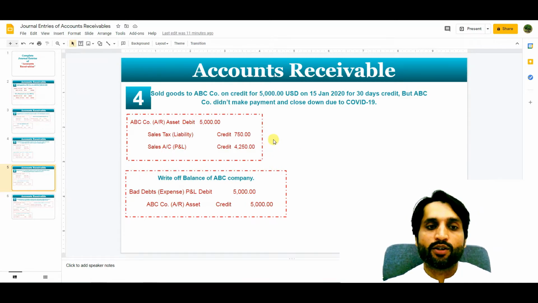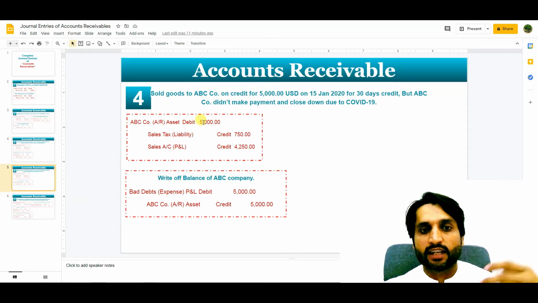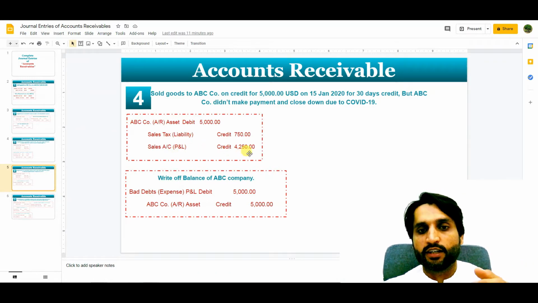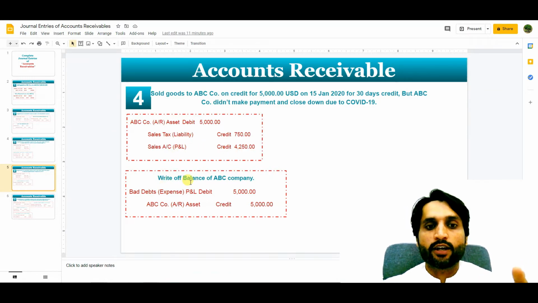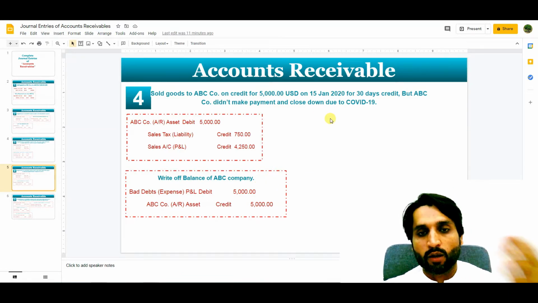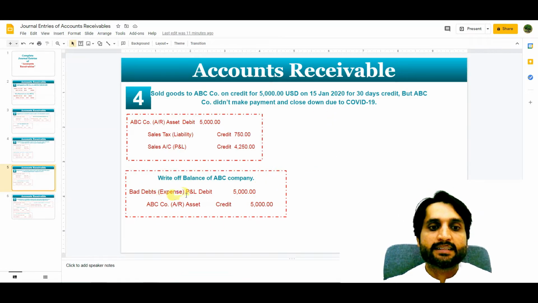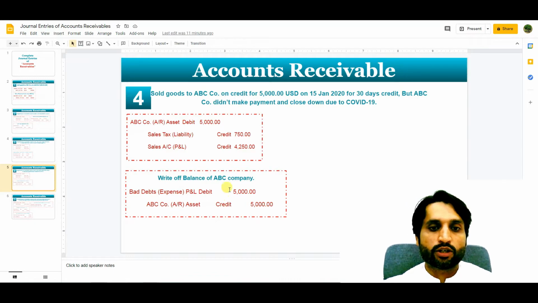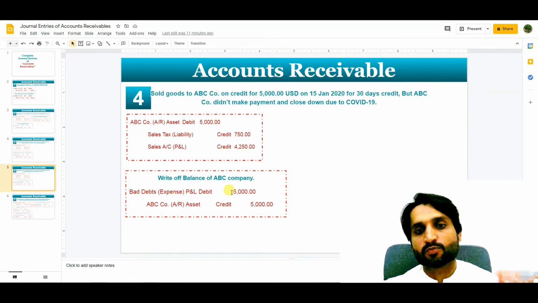In this scenario, we pass the same entry: ABC company debit when we sell the goods, sales tax credit, and sales account, profit and loss, credit with this amount. Then write off the balance of ABC company because we know that this company is not going to pay us. So bad debts expense debit 5,000 and ABC company asset account credit with 5,000. We close this account with an expense. We made this 5,000 an expense.